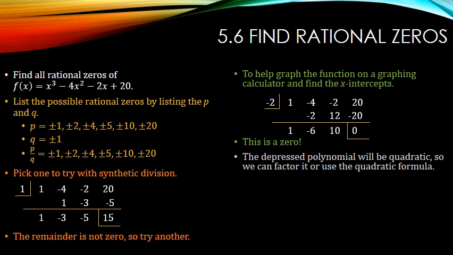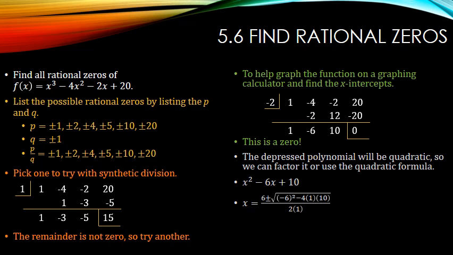Our depressed polynomial will be 1x, it was cubed, so now it's squared. It's depressed, it lost a power, so it's 1x squared minus 6x plus 10. We can try factoring it, but I tried it, it doesn't work. So we're going to use the quadratic formula.